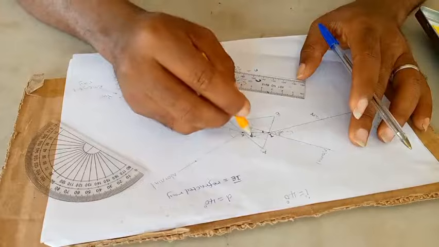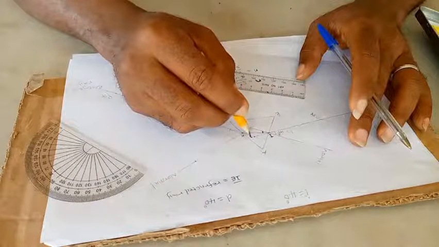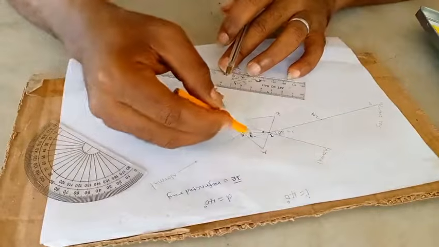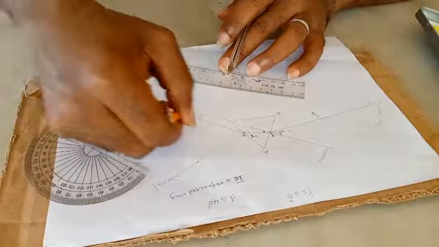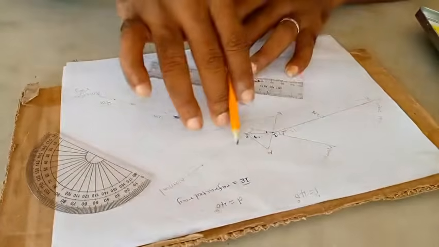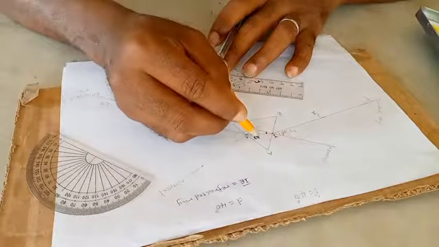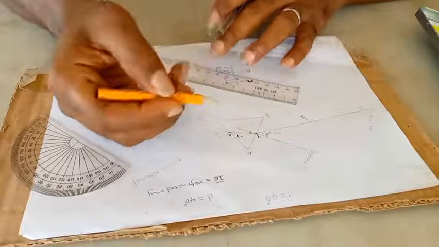Can be asked to measure this angle. This angle is called the angle of deviation. We use D to represent this angle. That is the external angle between the produced emergent ray and the produced incident ray, where they met. The external angle there is called the angle of deviation.